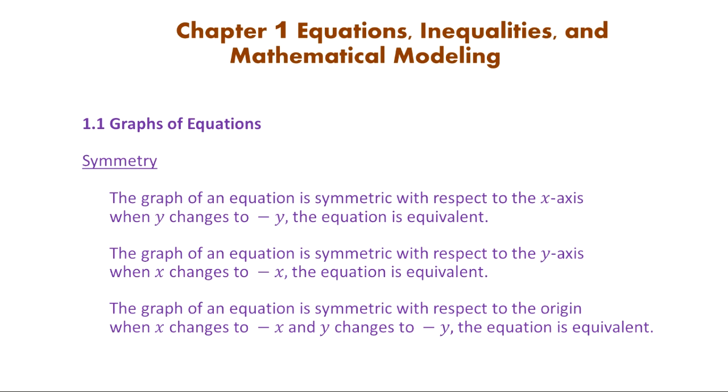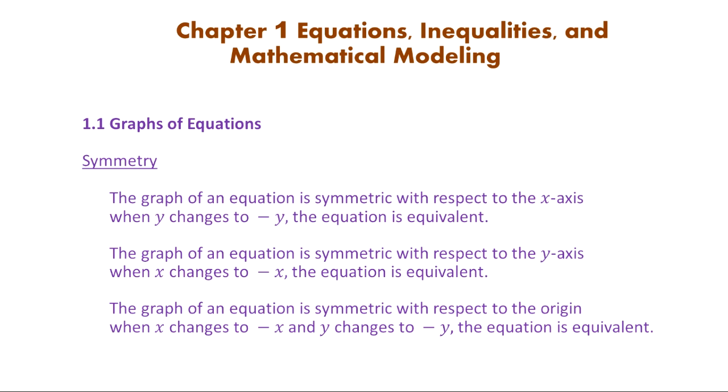The first symmetry is when the graph of the equation is symmetric with respect to the x-axis. Okay, so that's called the mirror symmetry. So that means up and down, they are symmetric. And how do you know the equation has the symmetry?